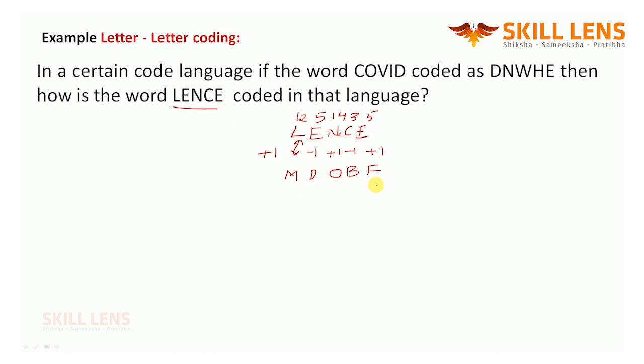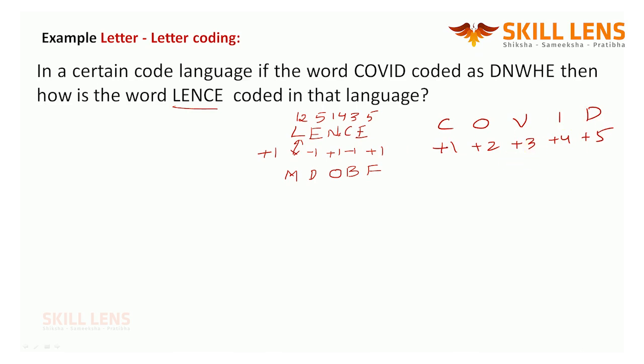And I have one important fact I want to tell you. It's not always plus 1, minus 1, plus 1, minus 1. It may be plus 1, plus 2, plus 3, plus 4, plus 5. Yes or no? So let's see. COVID.